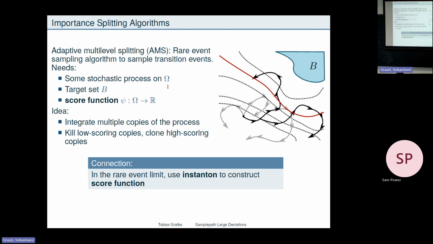Then the committer is the probability that T_B is less than T_A for two sets A and B. So this is the probability, and it becomes bigger the closer I am to B. This one can be obtained as a solution to a backward Kolmogorov equation with the right boundary conditions, namely 1 on B, 0 on A.